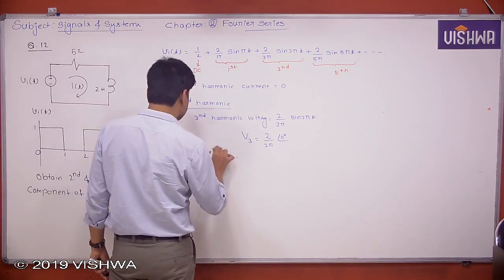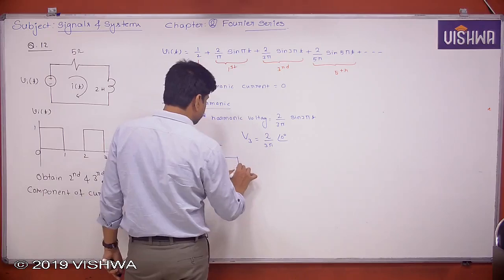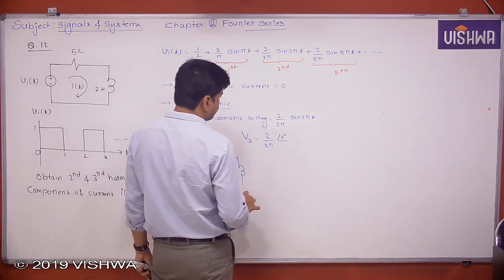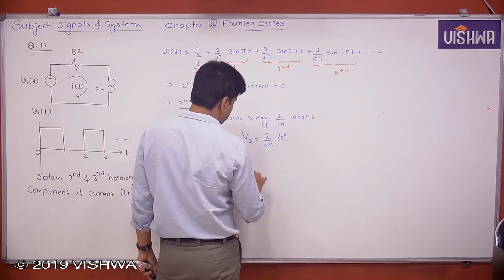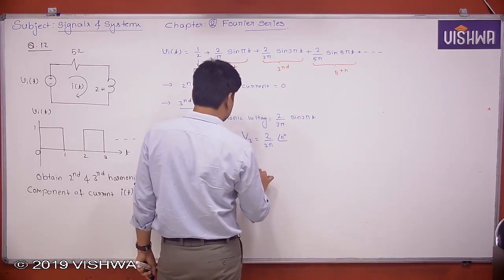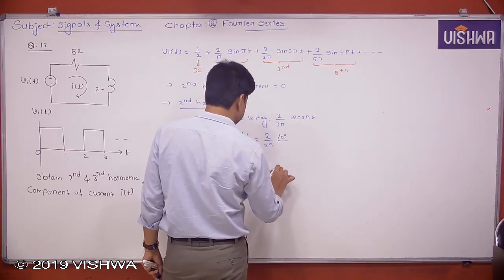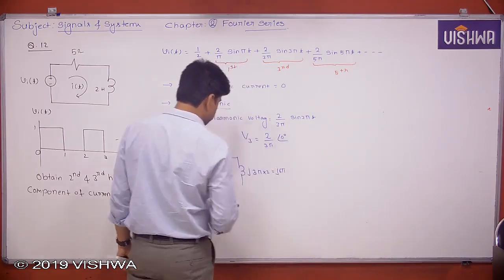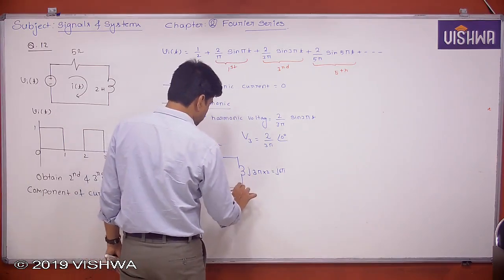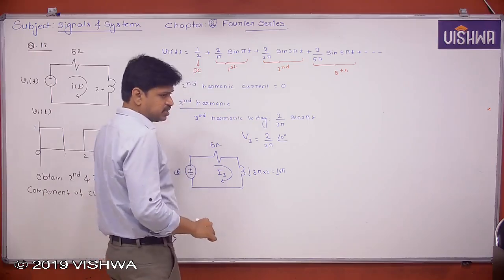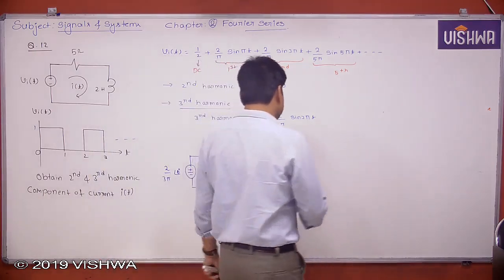The resistor is not going to change, 5 ohm. The inductor is j omega L, where omega is equal to 3 pi. So j times 3 pi times 2, that is j 6 pi. Now we are going to get the phasor current I3, the third harmonic current.